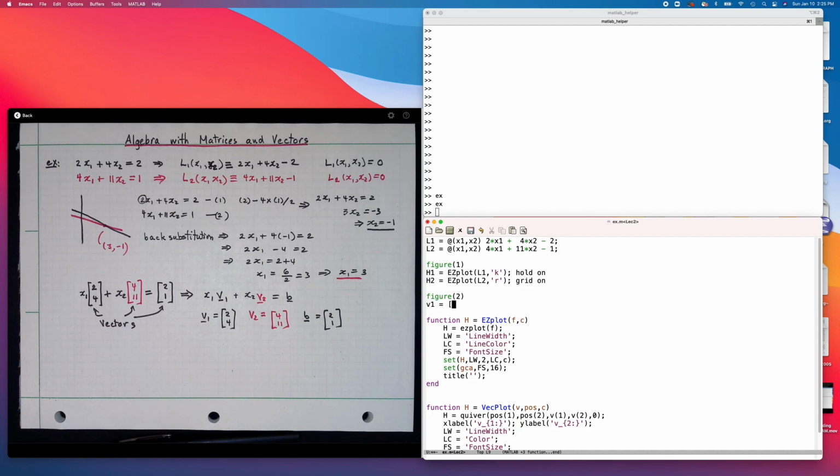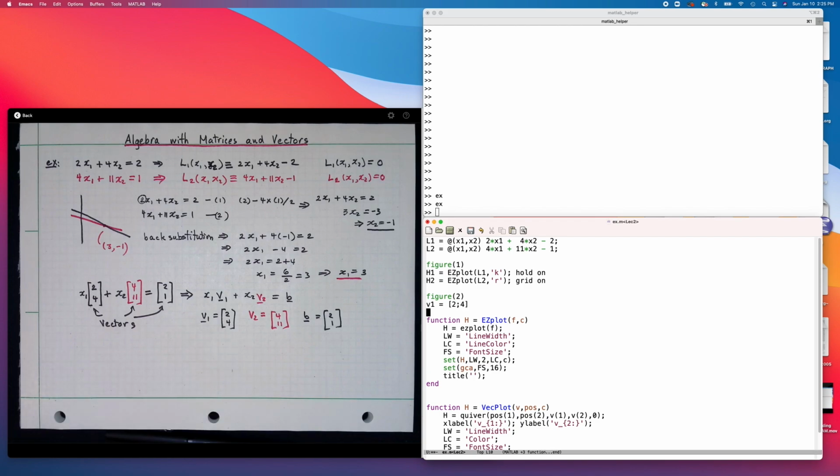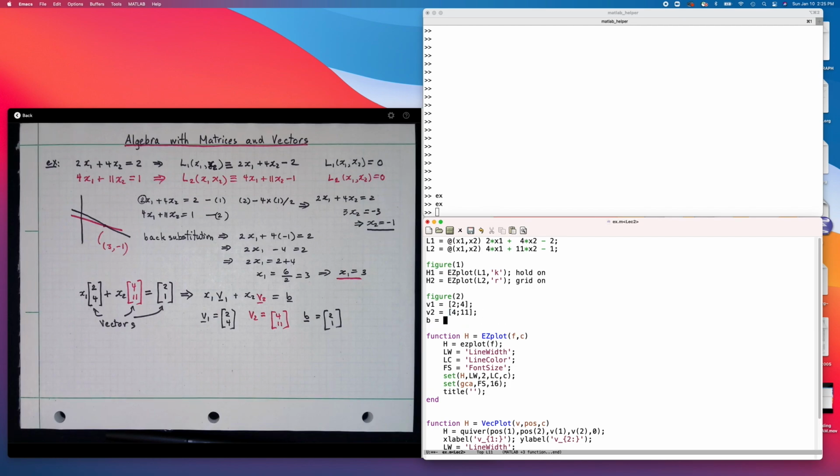If we want to make a column vector, in other words, if we want to stack 2 on top of 4, then we separate them with a semicolon. So this would be the column vector 2, 4 because there's a semicolon separating the 2 and the 4. And now v2 is 4, 11, and b is 2, 1.